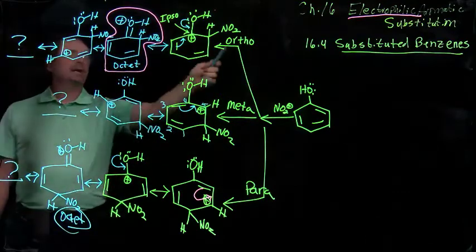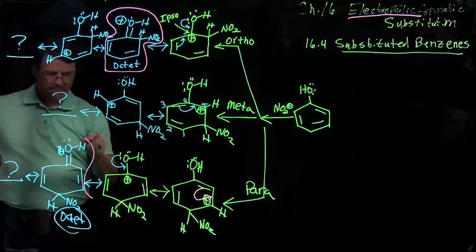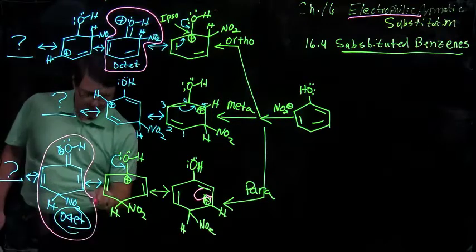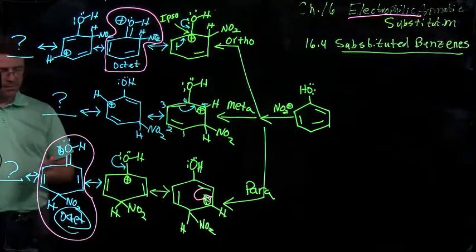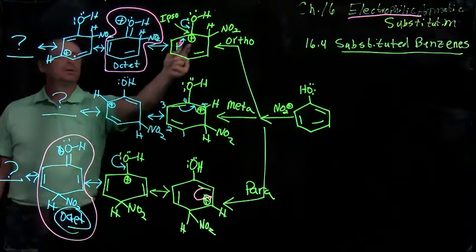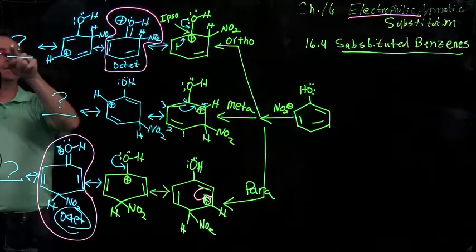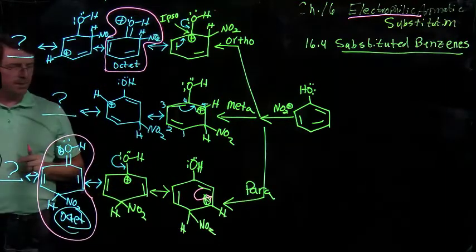For the para attack and the ortho attack, we see this resonance form that distributes the charge onto the oxygen. It also has an octet for all the atoms, both of those contributing to stability. The other is the number of resonance forms. 1, 2, 3, and the one I asked you to draw, 4, for the para position.